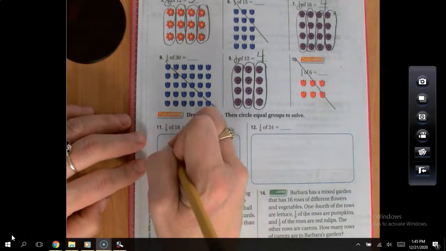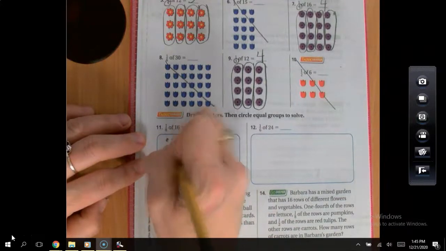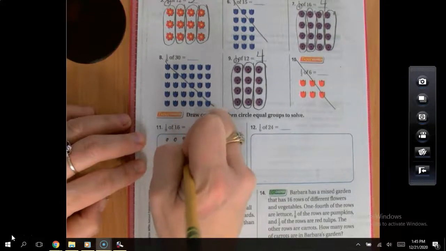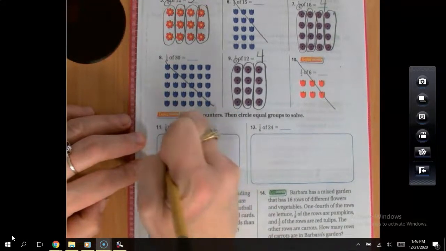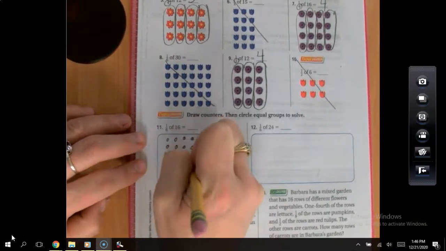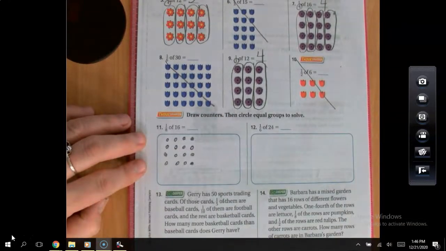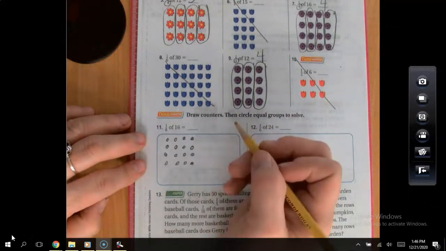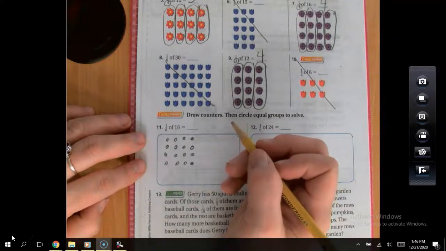So I'm going to go 3, 4, 5, 6, 7, 8, 9, 10, 11, 12, 13, 14, 15, 16, okay? So I need to have 8 equal parts.